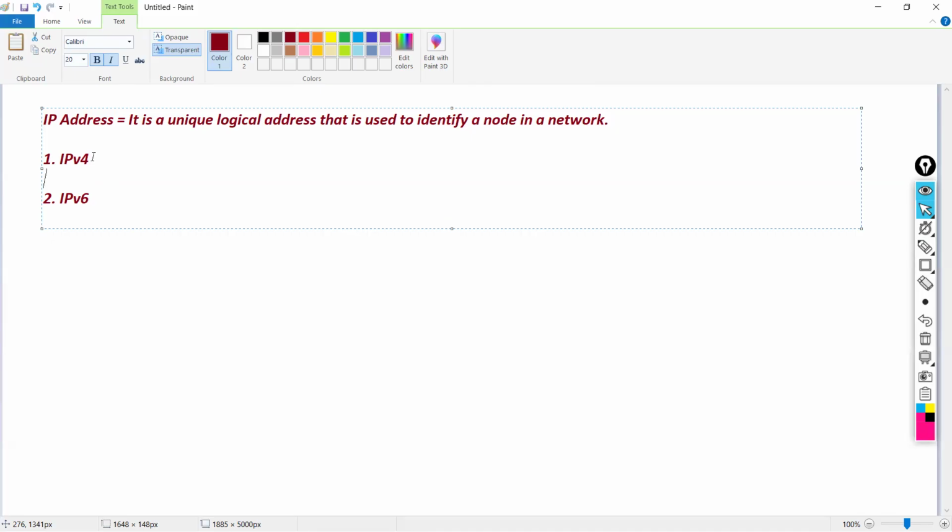Because if they ask you about v5 and you don't know, you will either say it doesn't exist or say I don't know, and both are not a proper answer for a network engineer. So these are the two versions we have.